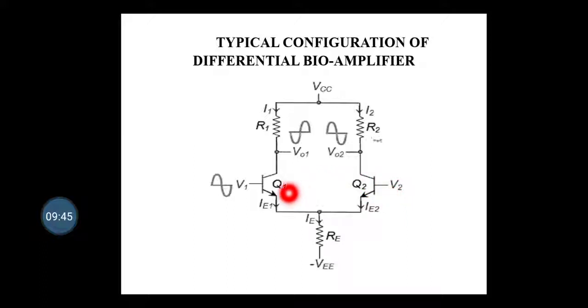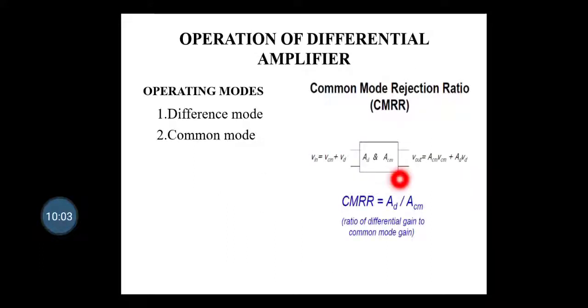While we are applying V1, this V1 is also given to V2 because these two are shorted. So V1 and V2 will be equal. On different voltages the output will be noted. Okay, so it will also be tabulated. In the end, the average will be taken. It is known as the common mode gain.